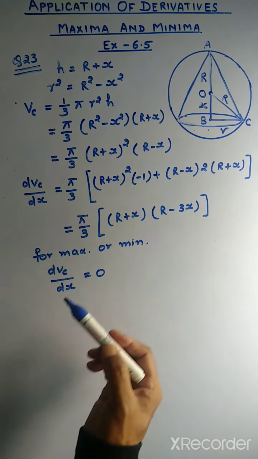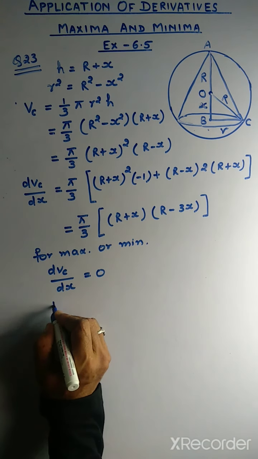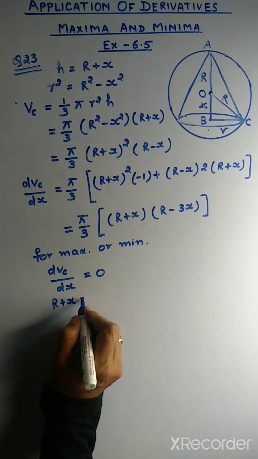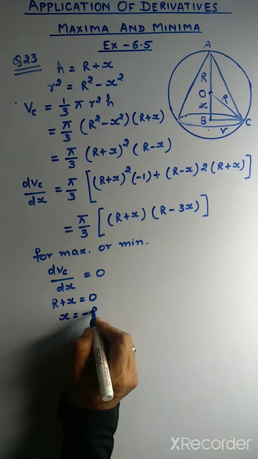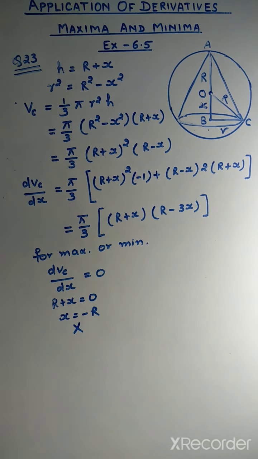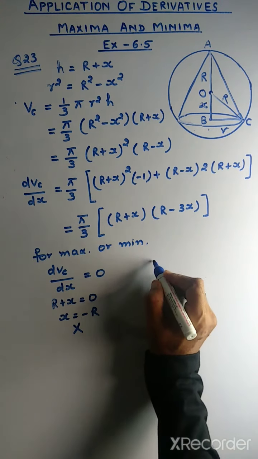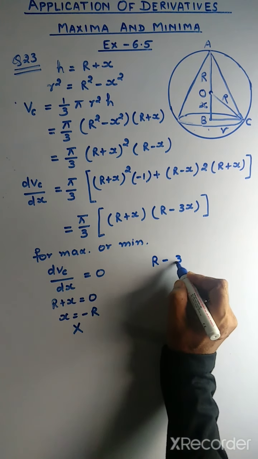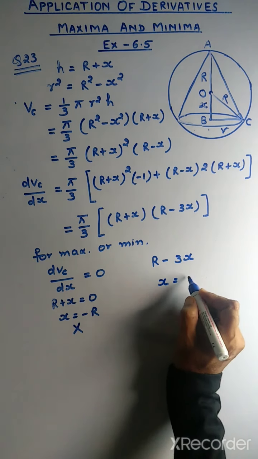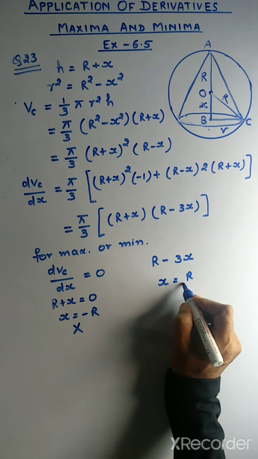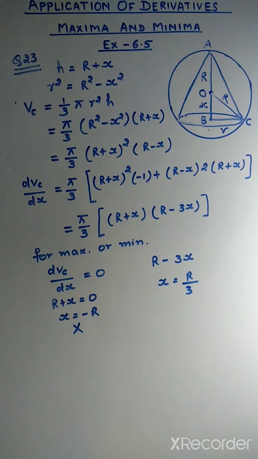Now if R plus x equals 0, then we will get x equals minus R, which is not possible. And if R minus 3x equals 0, we will get x equals R upon 3.